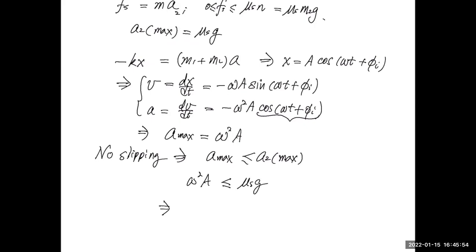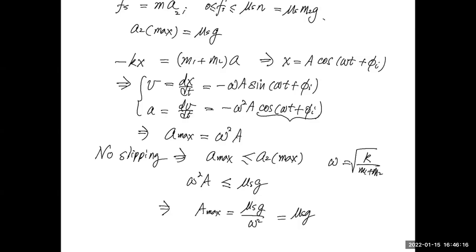That gives me A max. If you look at the equal sign, μs g over omega squared. Now I know what omega is. Omega is the square root of k over the total mass, m1 plus m2.